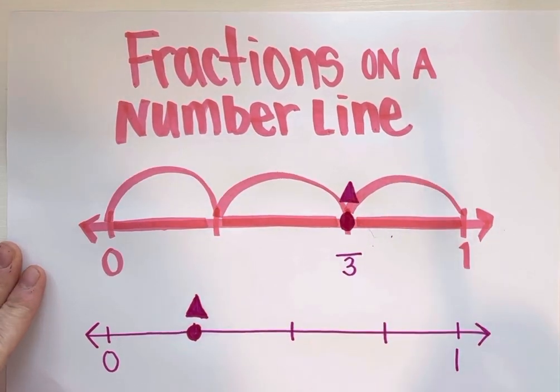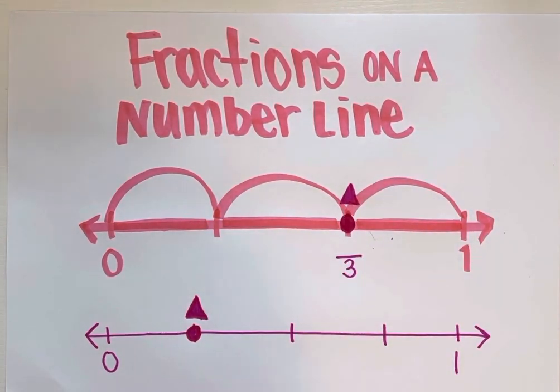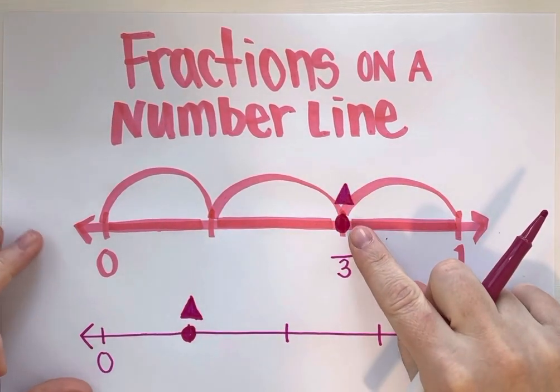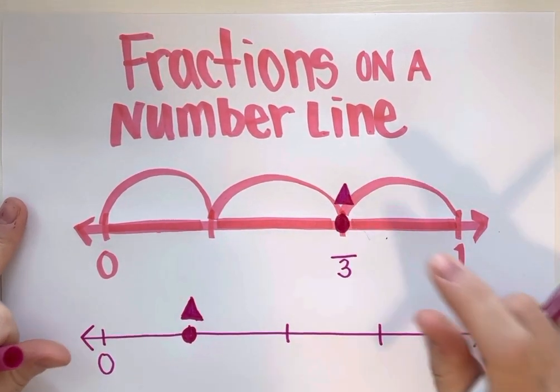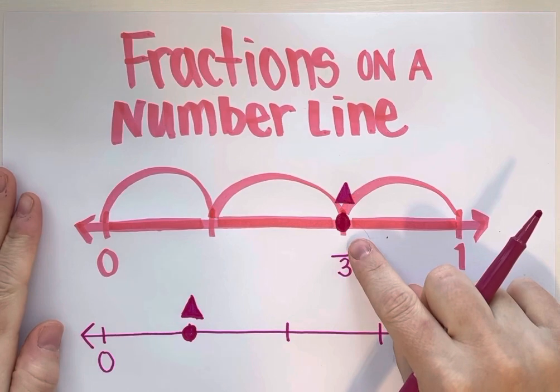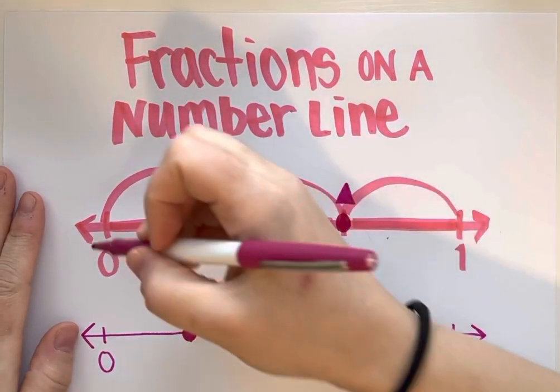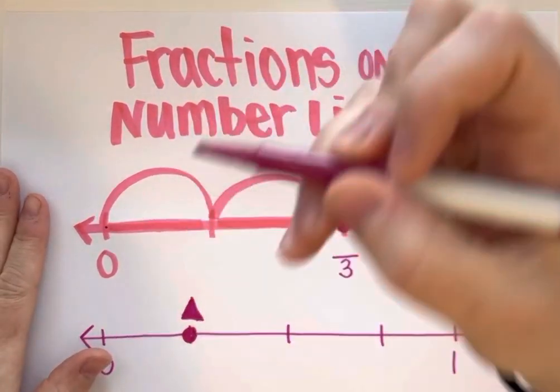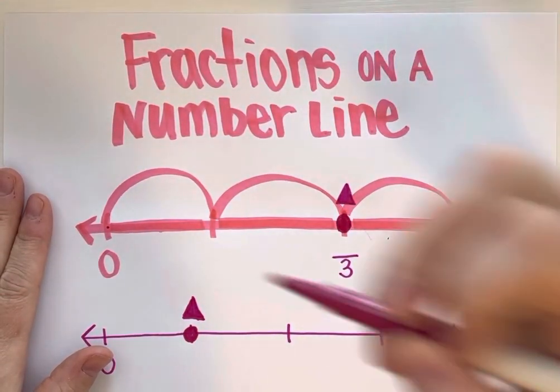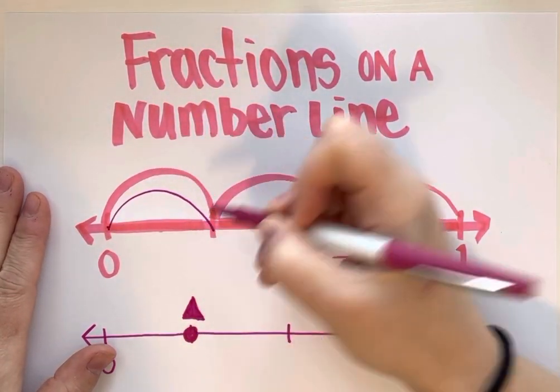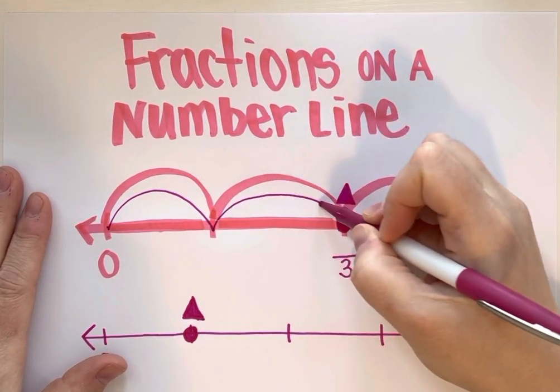So that's 3 jumps. Now, we want to do the same thing, but we're going to stop at the point this time because now we need to find the numerator. How many of these thirds are we talking about? So if we start at 0, again, we're counting the jump. So 1, 2.